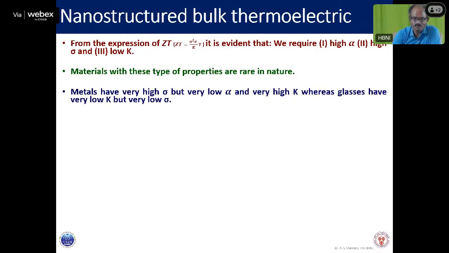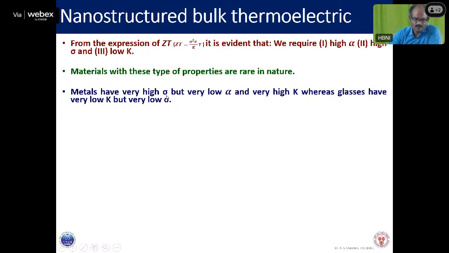So we have to make certain efforts, or devise some methodologies, where we can decrease the thermal conductivity while maintaining the electrical conductivity.